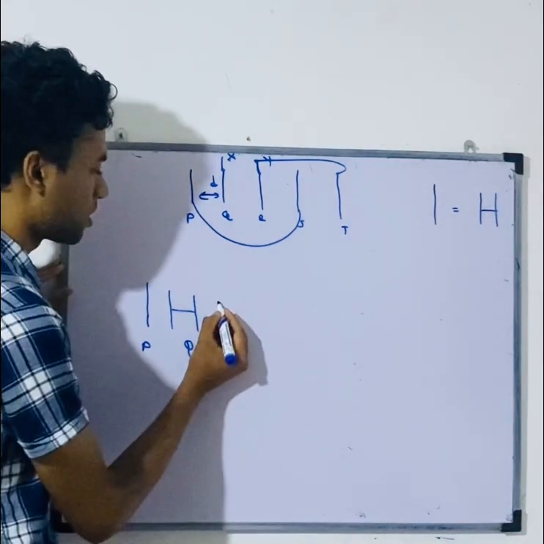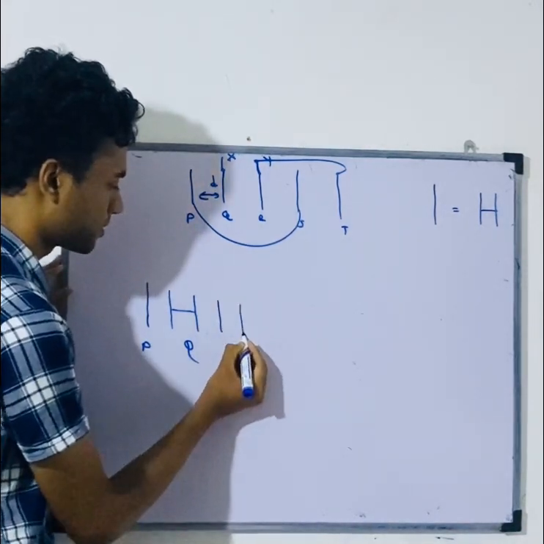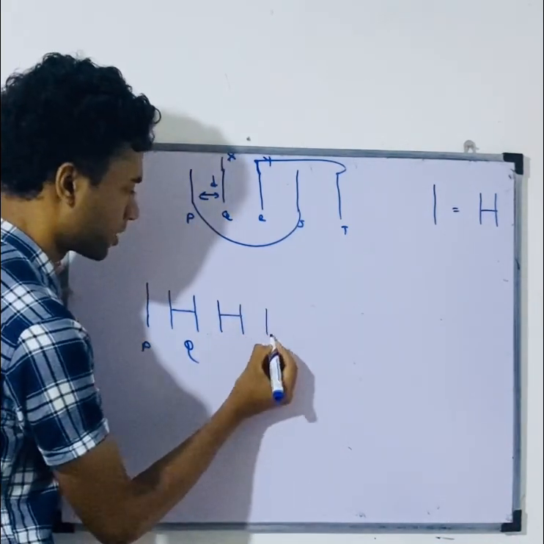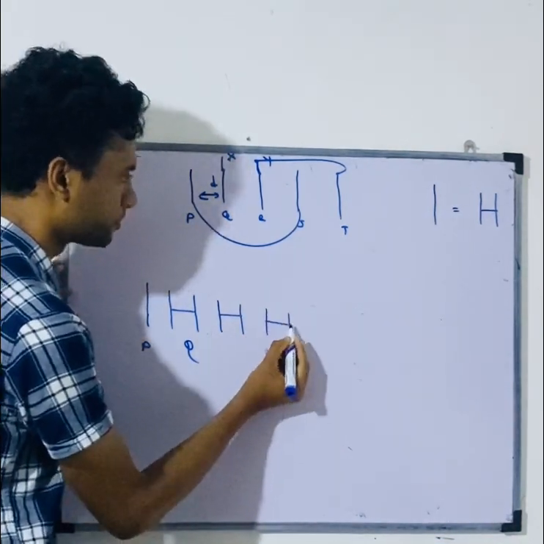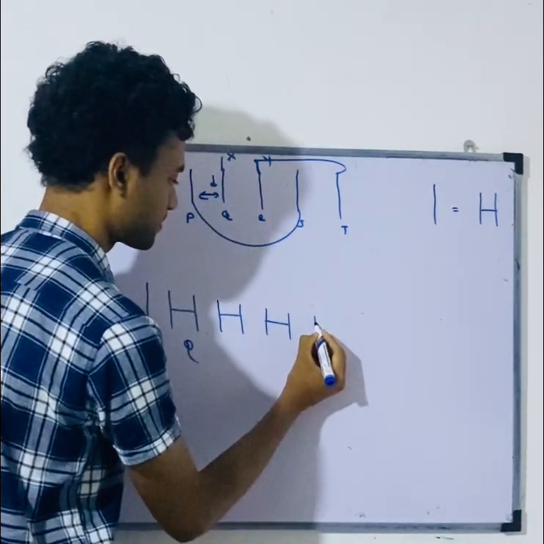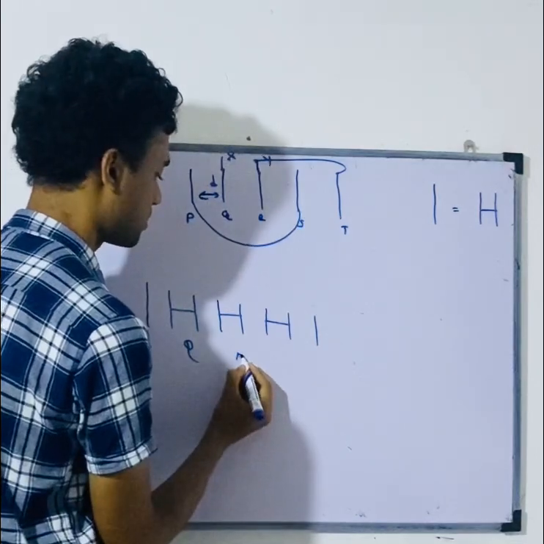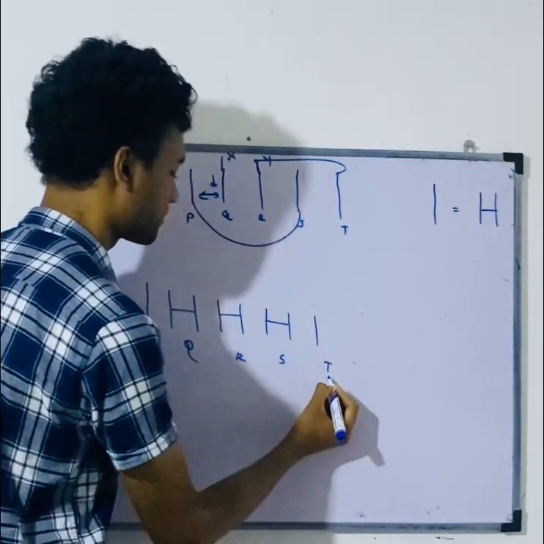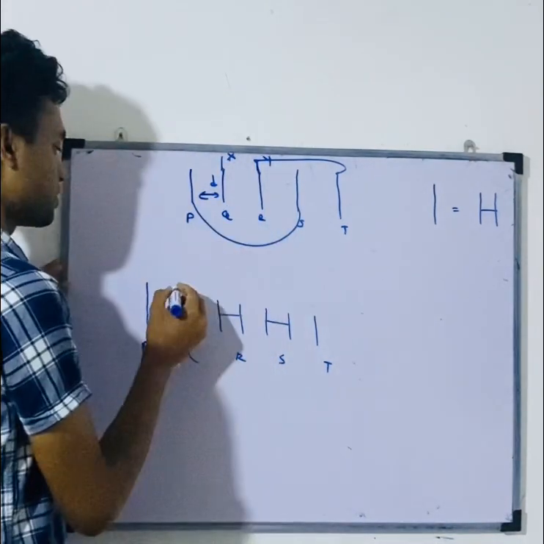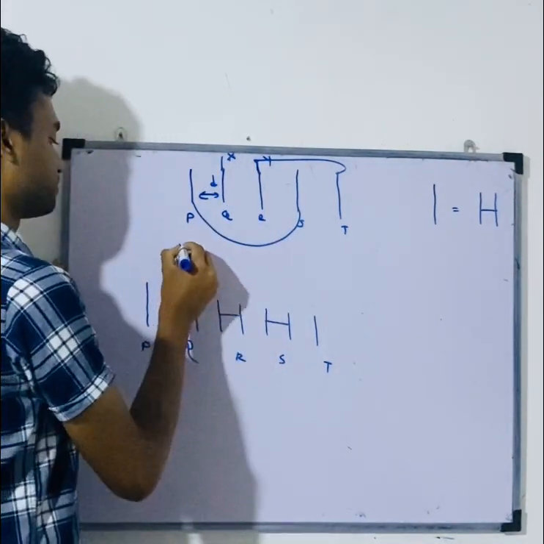And then again R. So I can write R like this. Then again S. So I can write S like this. Then T. I don't have to do anything to T. So this is R, this is S, this is T. Be very careful, right? So X is connected like so.